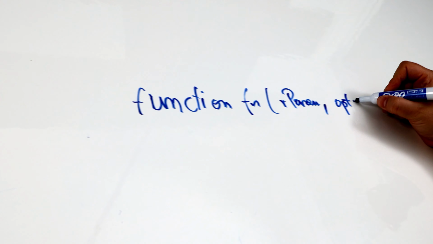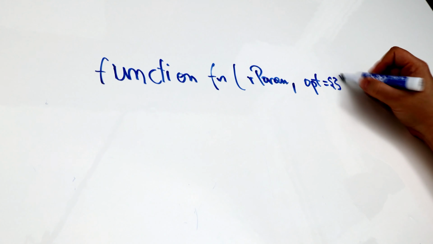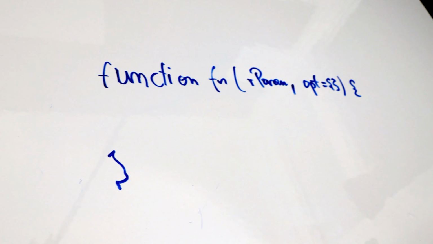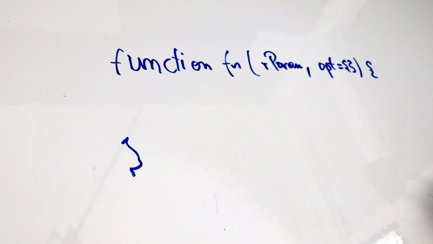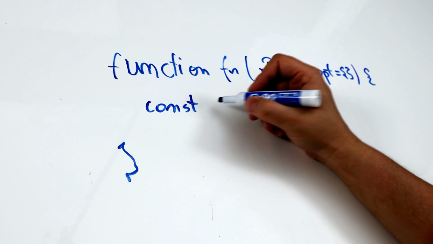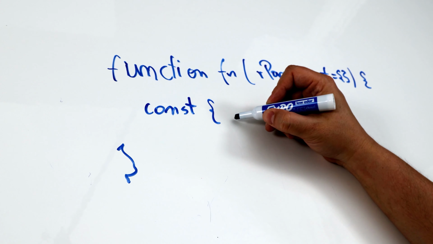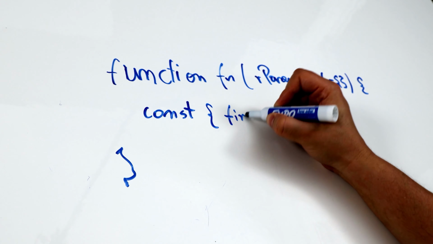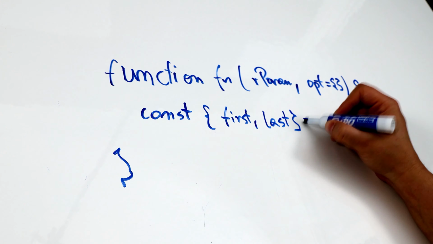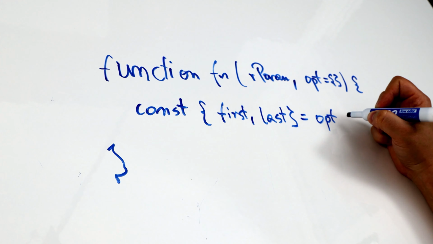We can even assign a default value, which is an empty object. Open the function body and close it. And now we can destruct our arguments. Const, let's say we have argument first and last from options.